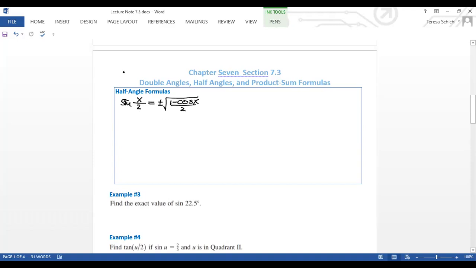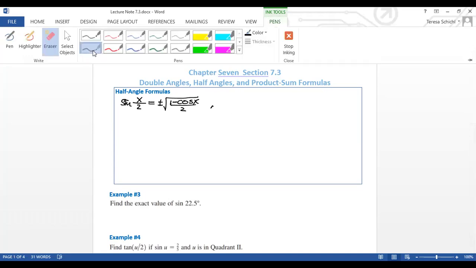It's just what we used a while ago, kind of the reverse of the double angle formulas. In the double angle, you can treat x as 2 times x over 2. Then we have sine, cosine.